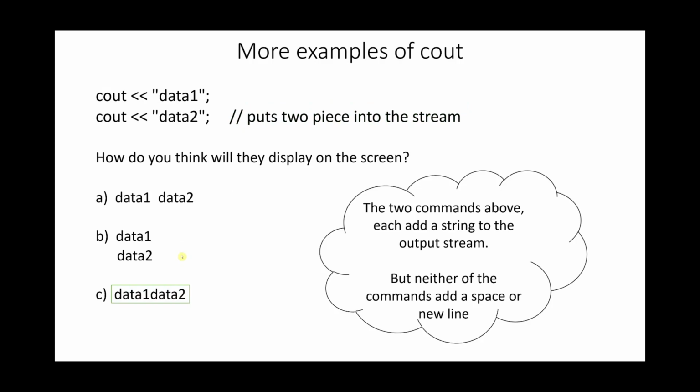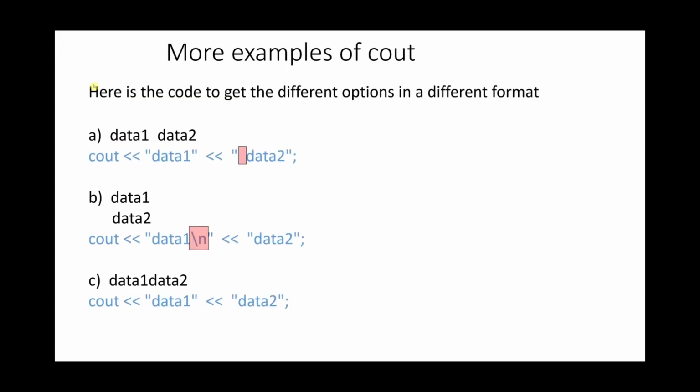The two commands above each add a string to the output stream. Now, neither of them is including any space. If we want to include a space between them, we add a space either in here or in here.